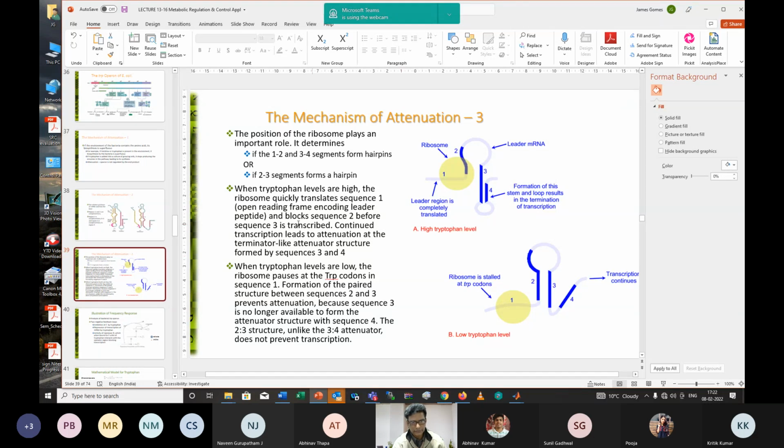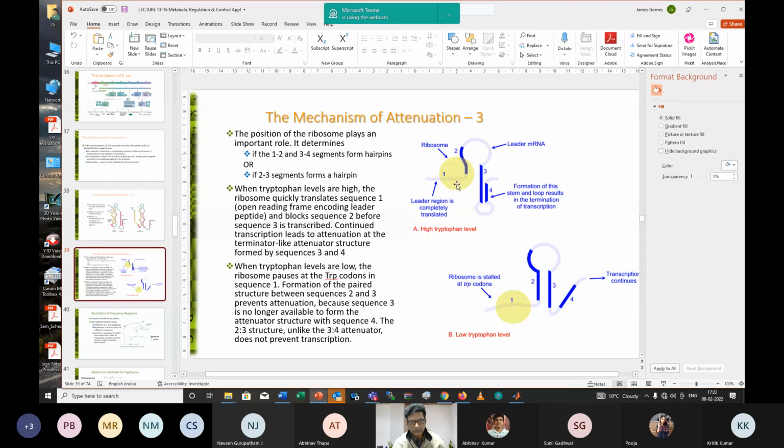Now, if you have high levels of tryptophan, there is a region in this leader region where there are 2 successive codons for tryptophan to be incorporated.